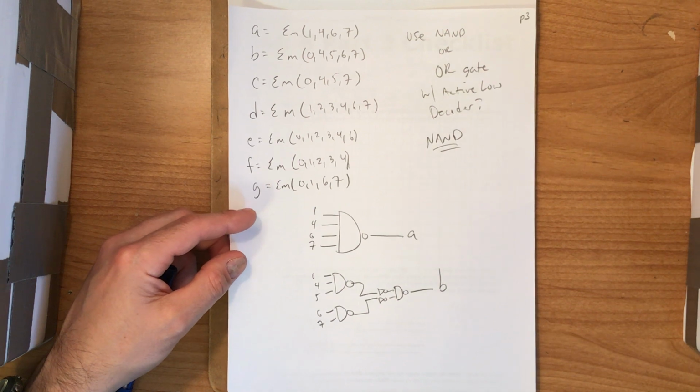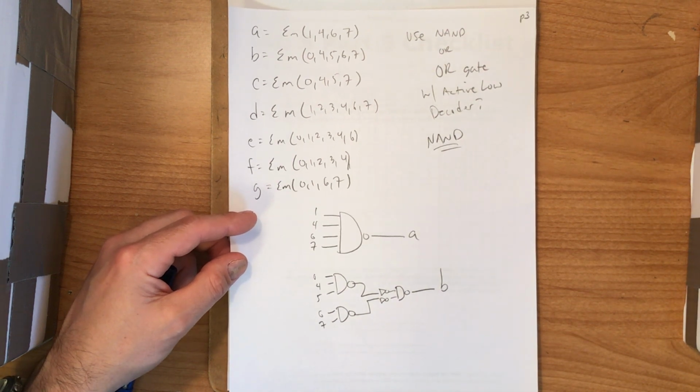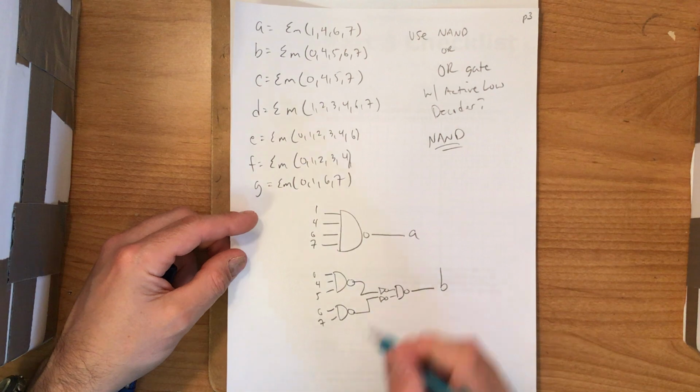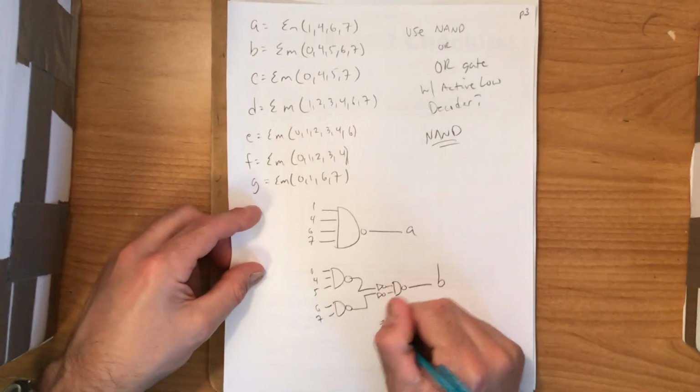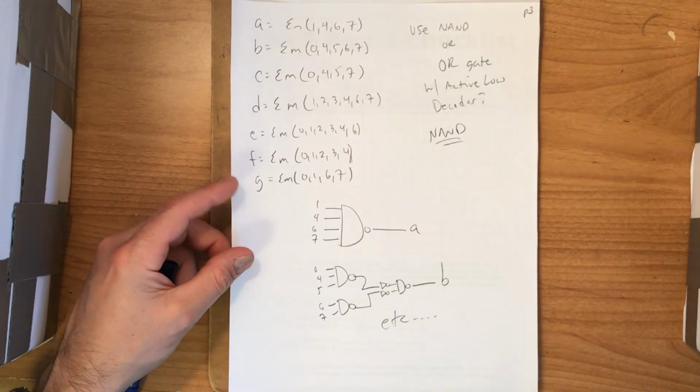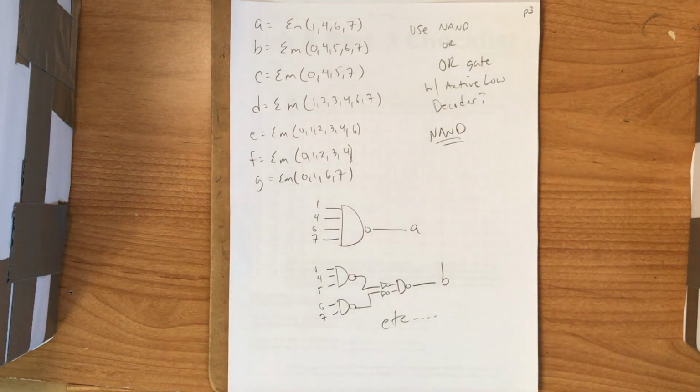That's one way to do it. It may not be the best way. But anyway, that's the idea. So I'm going to take this now and put it into Logisim.